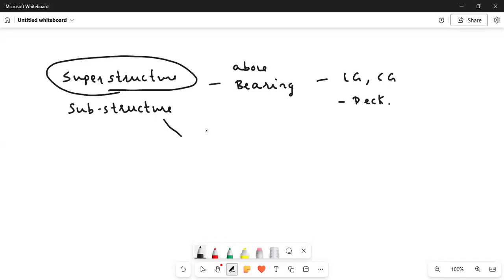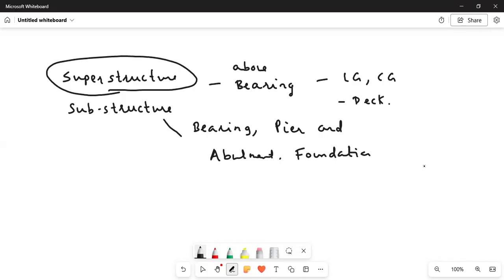Whatever structures of the bridge are below the bearing, including the bearing itself, will come in the substructure: the piers and the abutment. The foundation of the bridge will also come in the substructure.